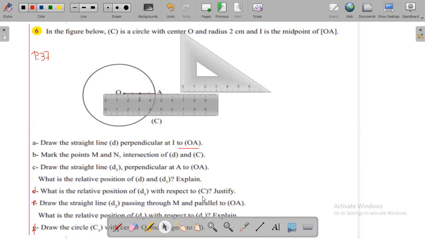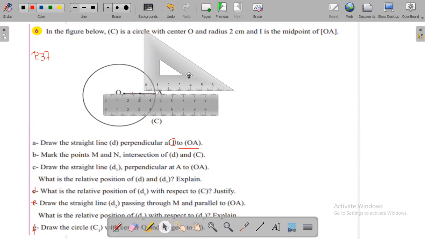It is perpendicular at I. So we move it till it passes through the point I. Then we draw the perpendicular and we elongate it because it is a straight line.